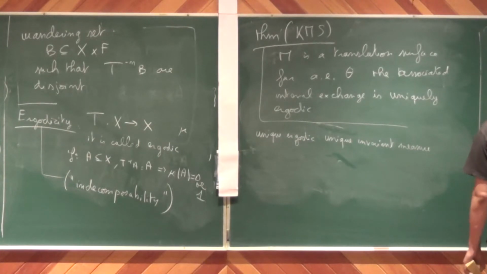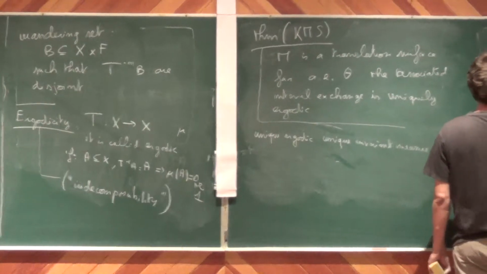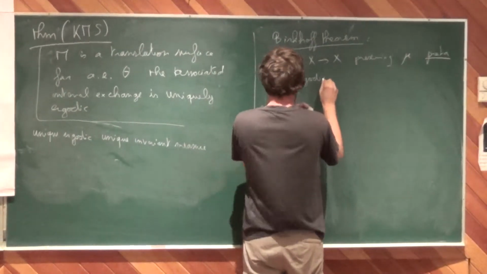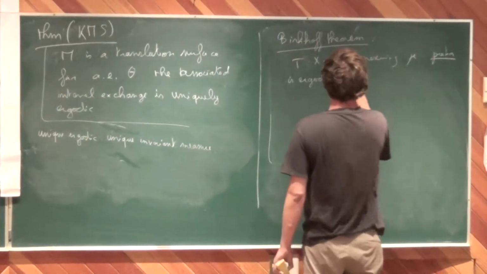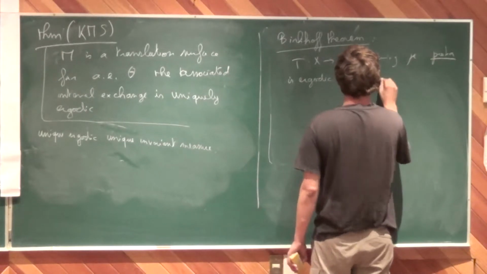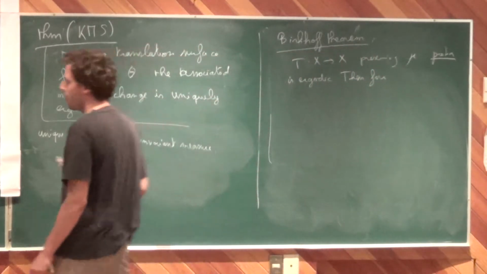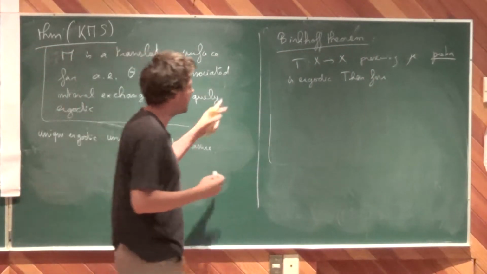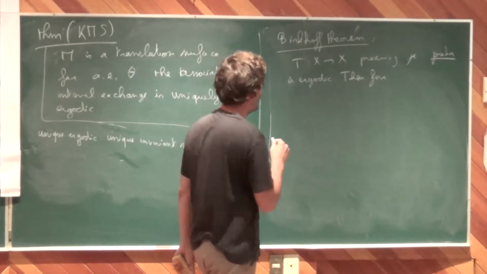So if T from X to X preserving mu, a probability measure, is ergodic with respect to mu, then, I want to consider the growth in the fiber. This is related to the diffusion rate.